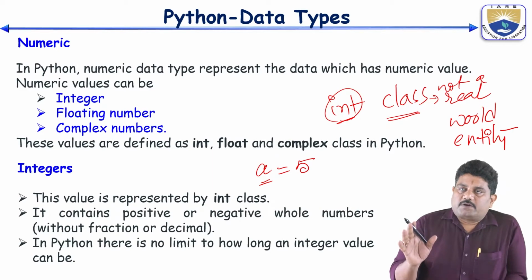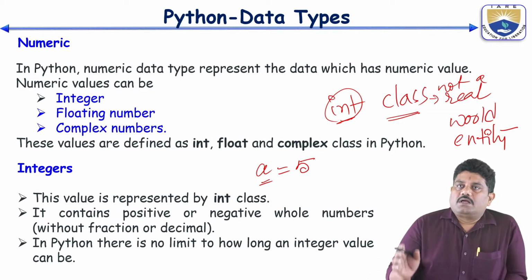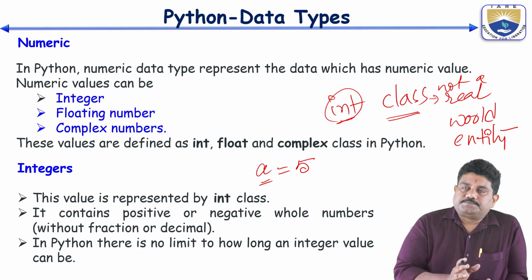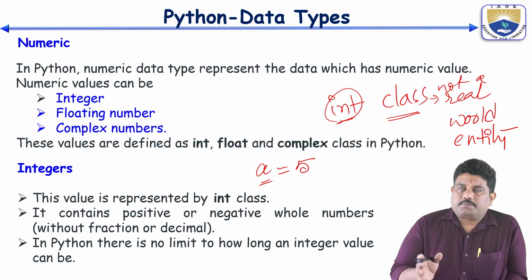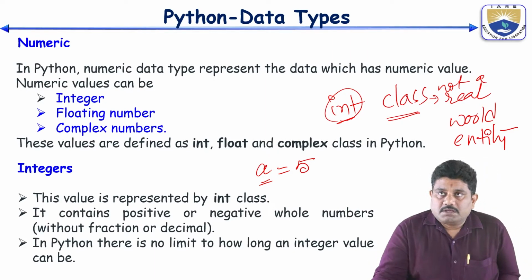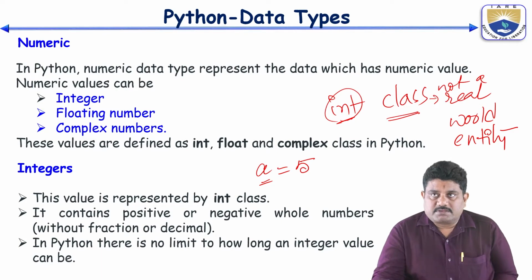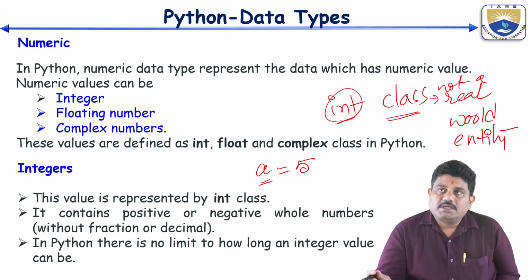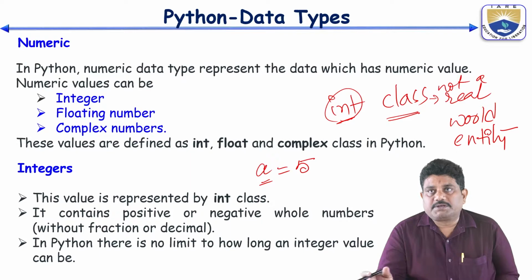This is the concept of object oriented programming. While introducing Python, I already told that Python has one of the greatest features: it is object oriented. It follows the object oriented programming paradigm. So this is one of the concepts of object oriented classes and objects. Here the int data type is a class, and the variable is an object of that type.